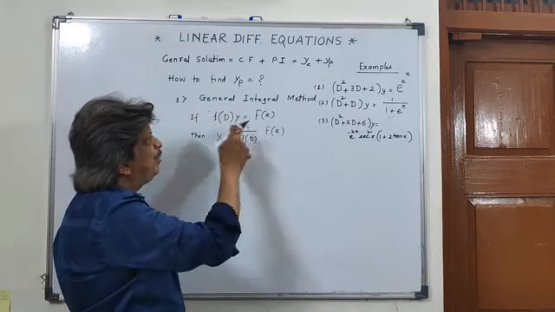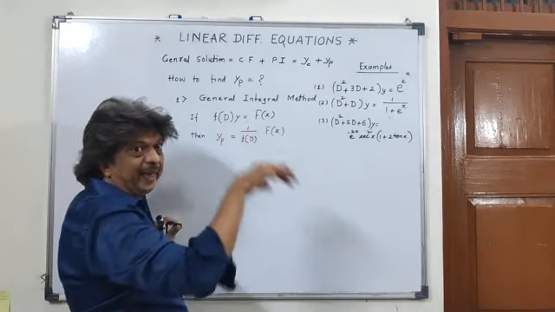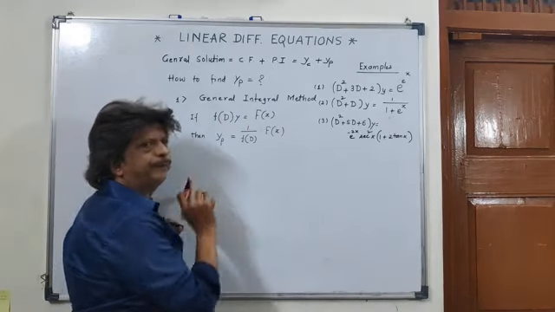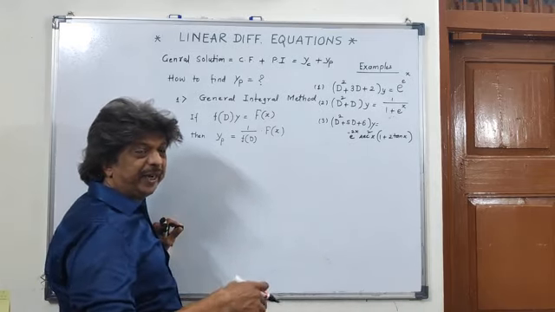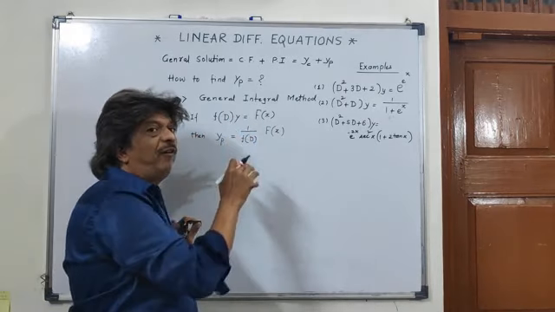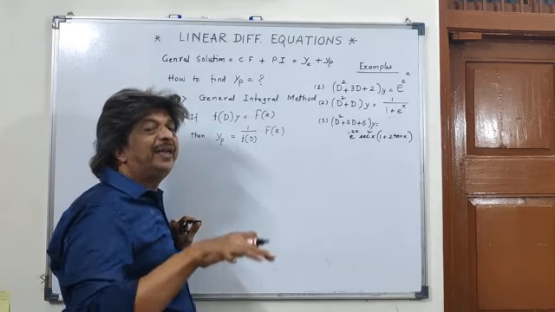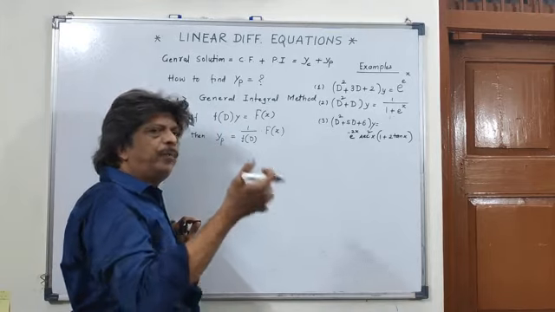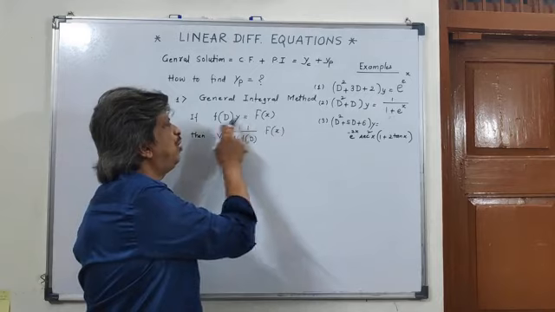If we divide this equation by f of capital D, we get this y, which is in particular called yp. F of D is an algebraic expression in D, where capital D is an operator. So 1 upon f of D, 1 upon some D terms, are the integrating operator. Capital D is the differential operator, 1 upon D is called the integral. That we shall see. So this is the basic definition of yp.